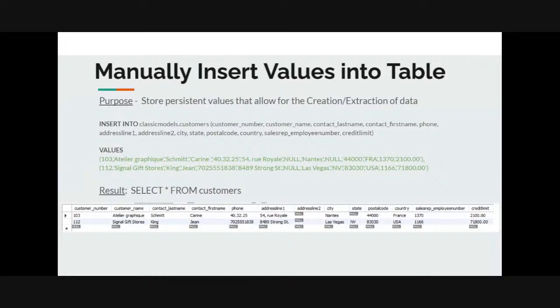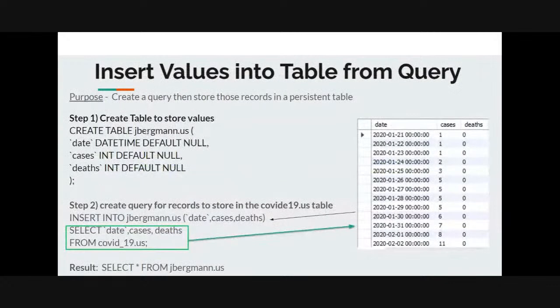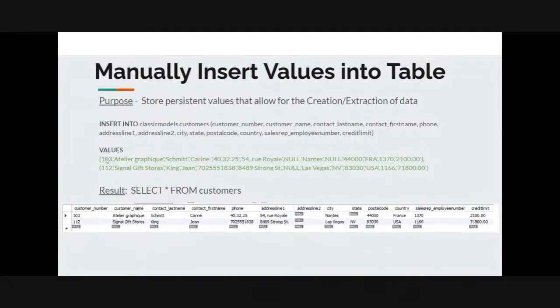So how that's accomplished, you can do it using an INSERT INTO, and then this will be your schema name.customers, and then you'll define the order in which data is inserted column by column. You can do this two ways. You can either do it by values, or you can do it by a query. This first one, we'll just do it by values.